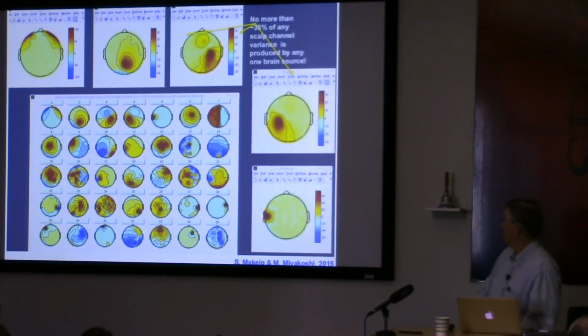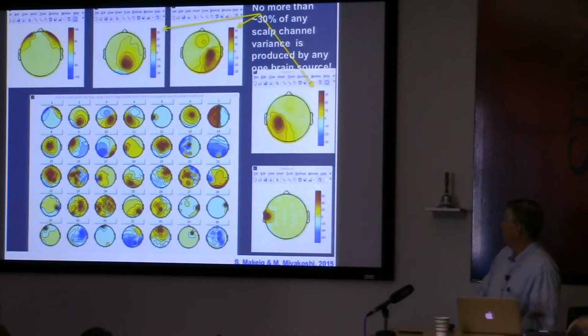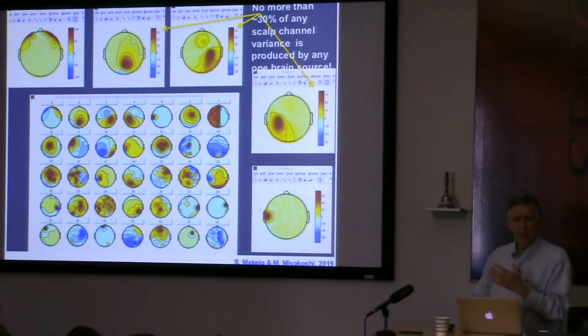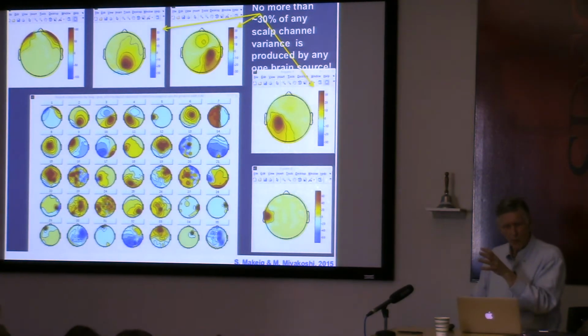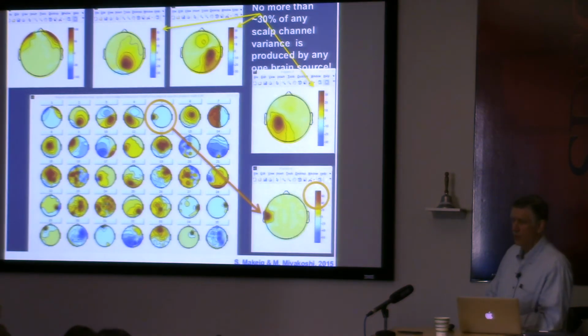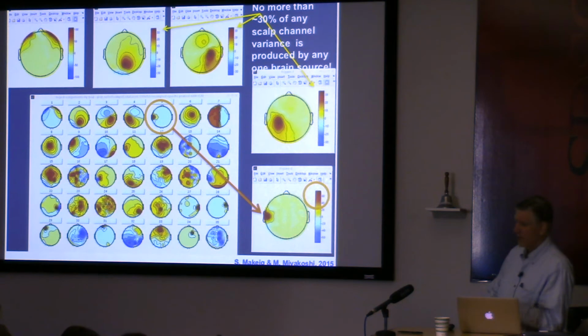Now, 30% variance is most common, meaning a scalp channel has contributions from at least 3 or 4, but probably quite a few more sources. And this is even after you take out artifacts, which ICA does a very good job of by separating them out into separate components. And here's one of those.